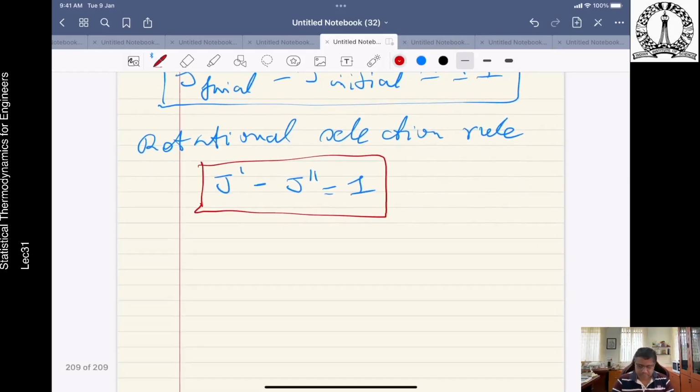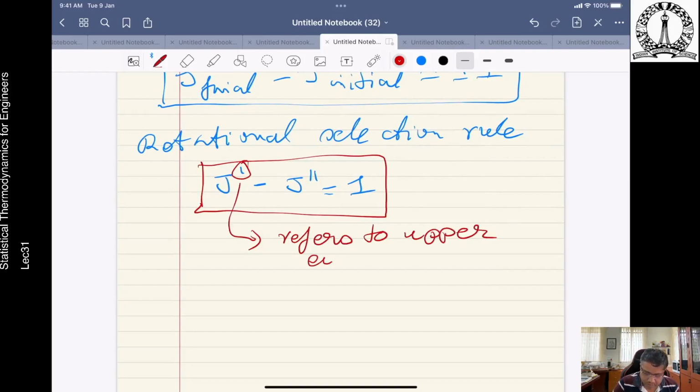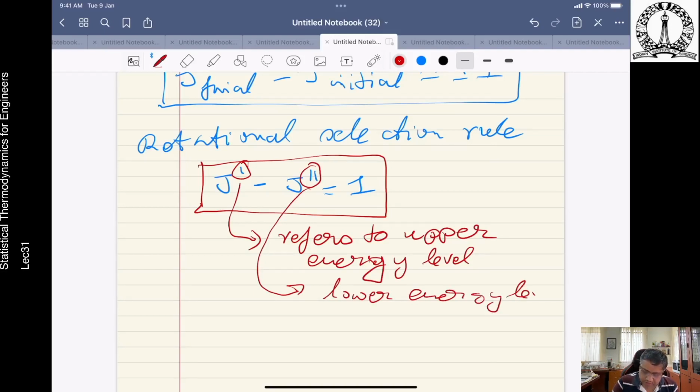The single prime refers to the upper energy level, and the double prime refers to the lower energy level for any transition, whether absorption or emission.